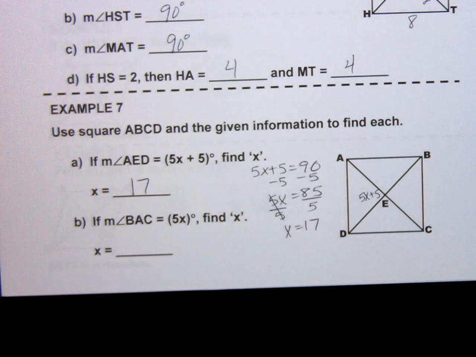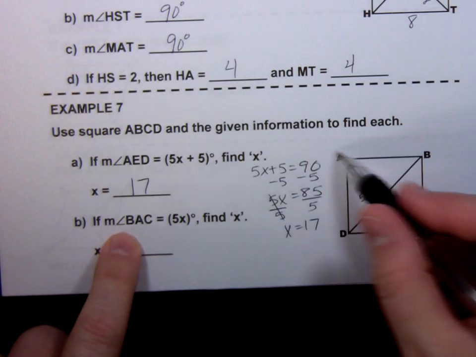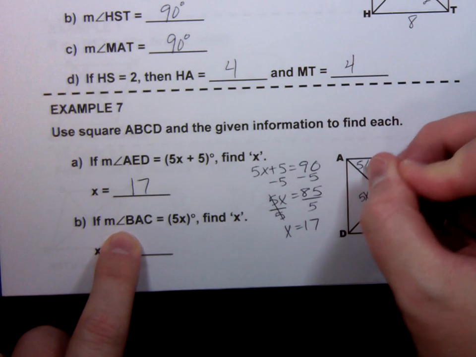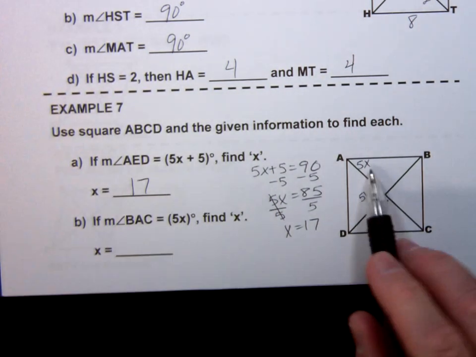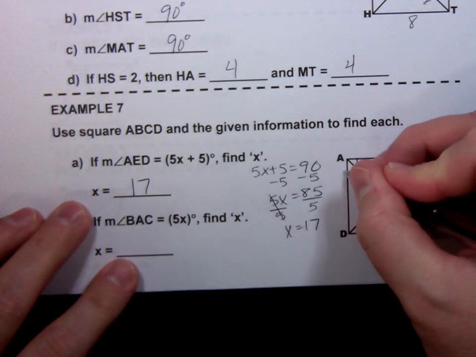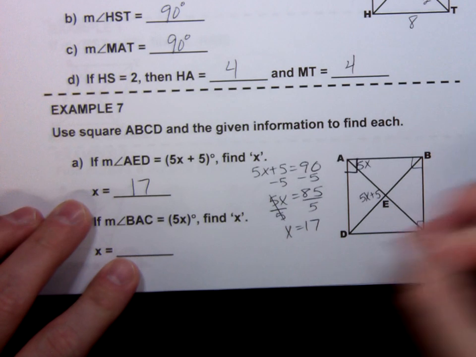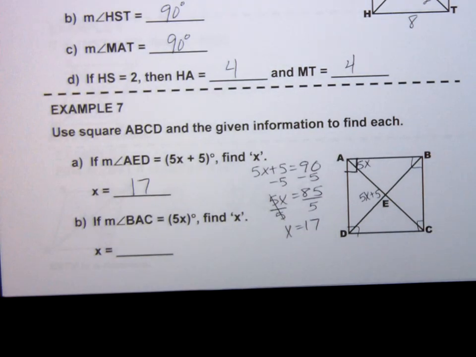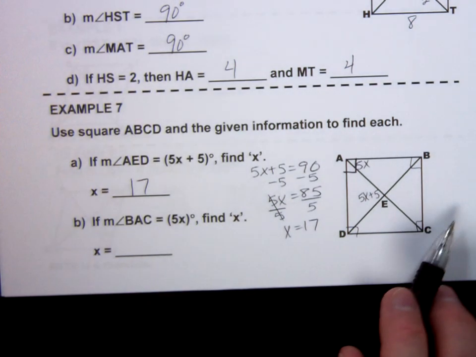Okay, looking at B, it says if the measure of angle BAC is 5x, we want to solve for x. Well, remember, this is a right angle because all four angles of a square are right angles, or any type of rectangle. And remember, because it's a rhombus of some sort, a square is always a rhombus as well.